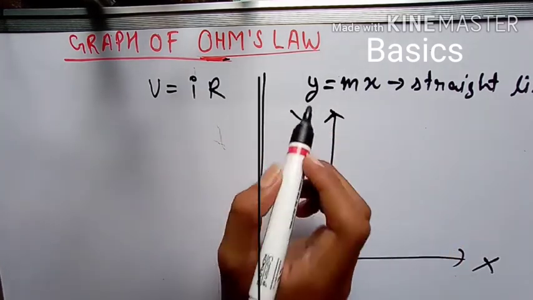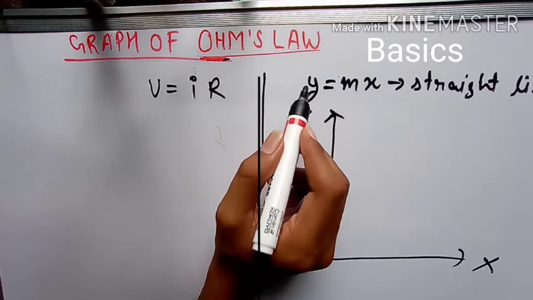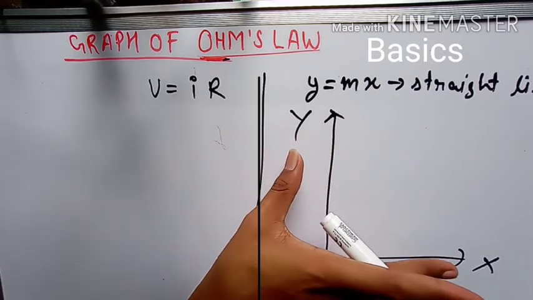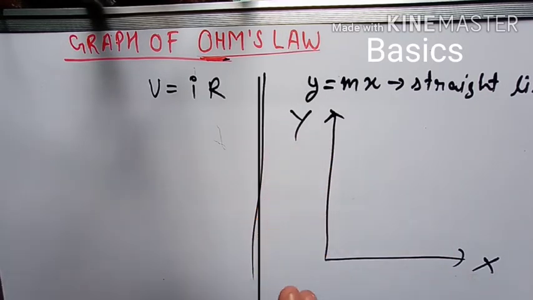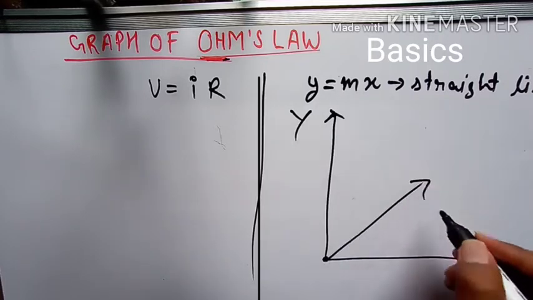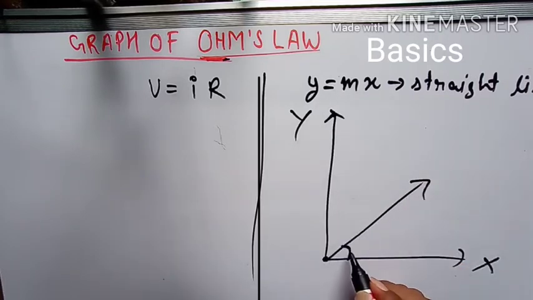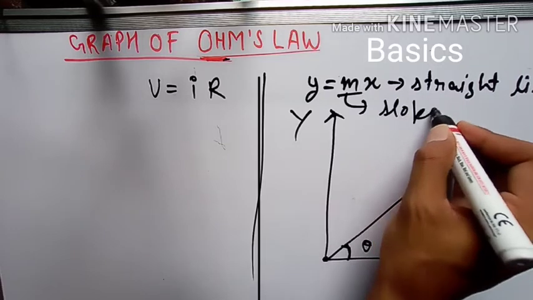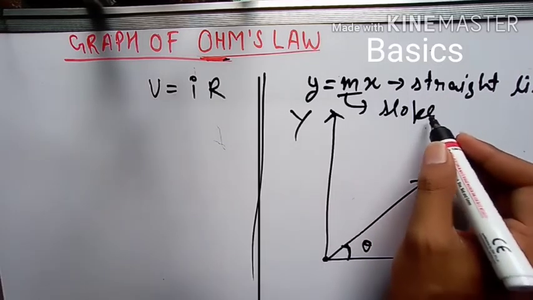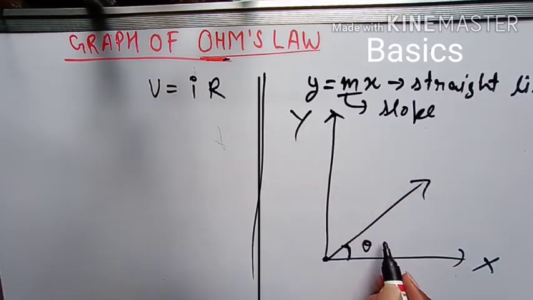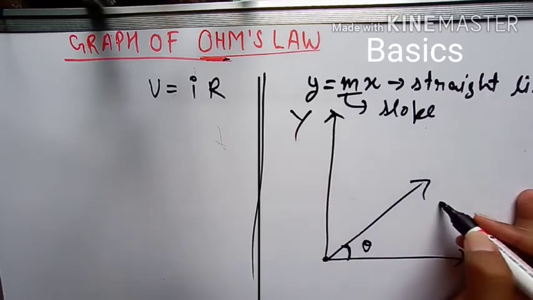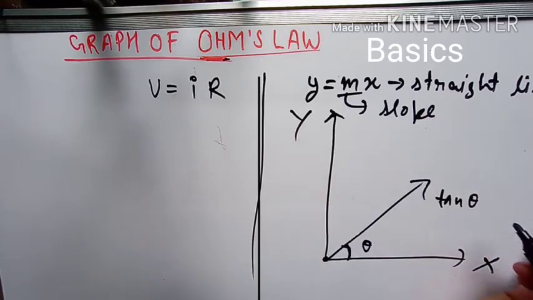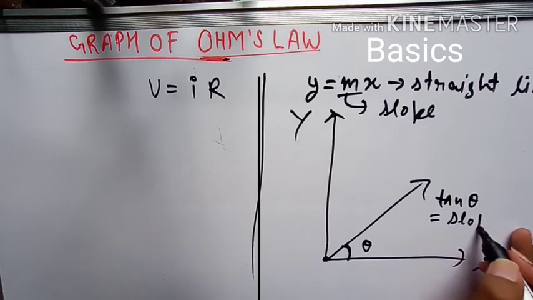Now put the values of y and x on their respective axes. Understand? Now the graph will look like this, and this is the angle theta. So m is known as the slope, and slope is calculated when you take tan of this angle, meaning tan theta is equal to slope.